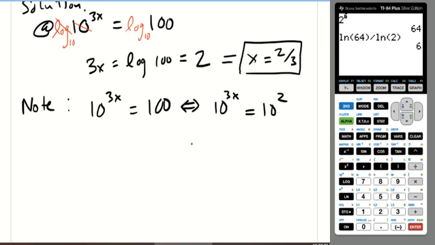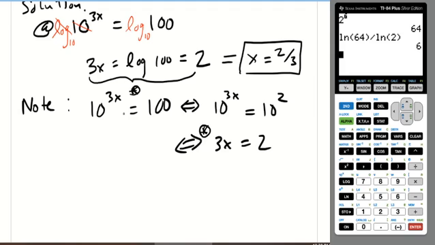But notice if you have two things on either side of an equation that are of the same base, and you can rewrite it so that you get a to some power equals a to some other power, the exponential function is said to be 1-to-1.